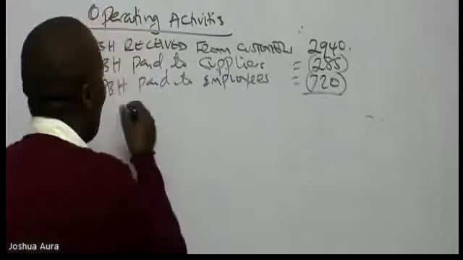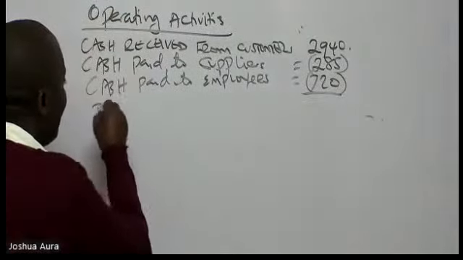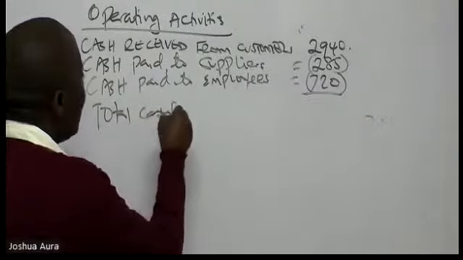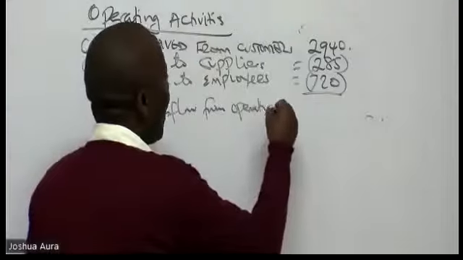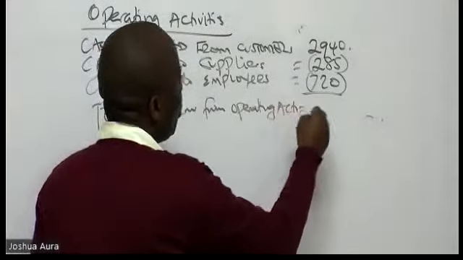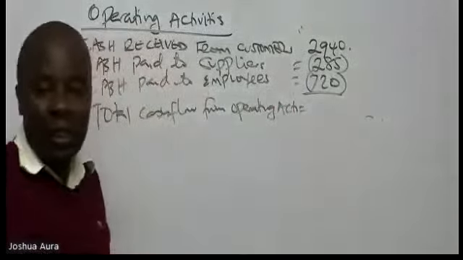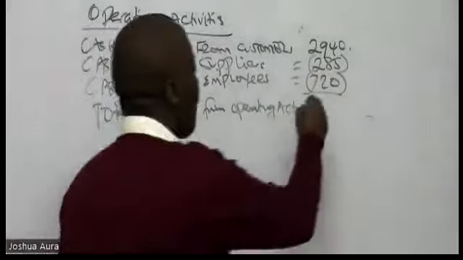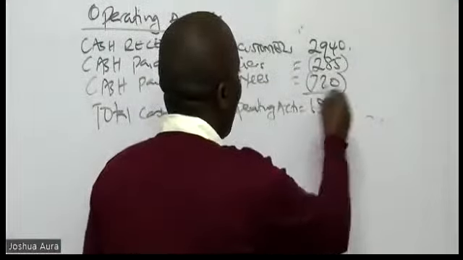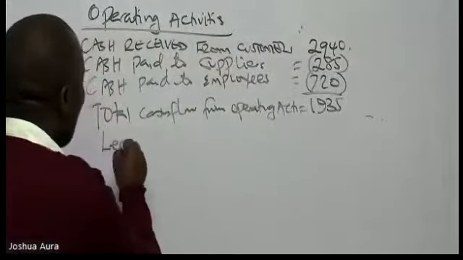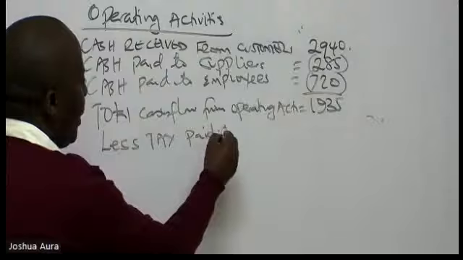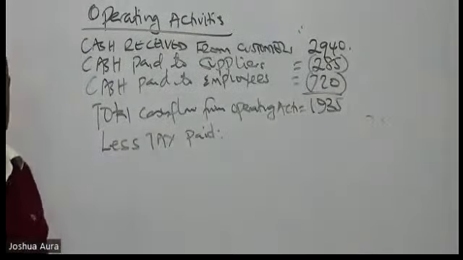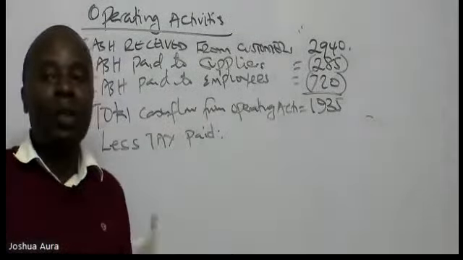And then we'll be able to give us the total cash flow from operating activities, 1935, and then we shall come and less what here? We less the tax paid. Tax paid, at the end of the day, we had already calculated this tax paid, if you remember.